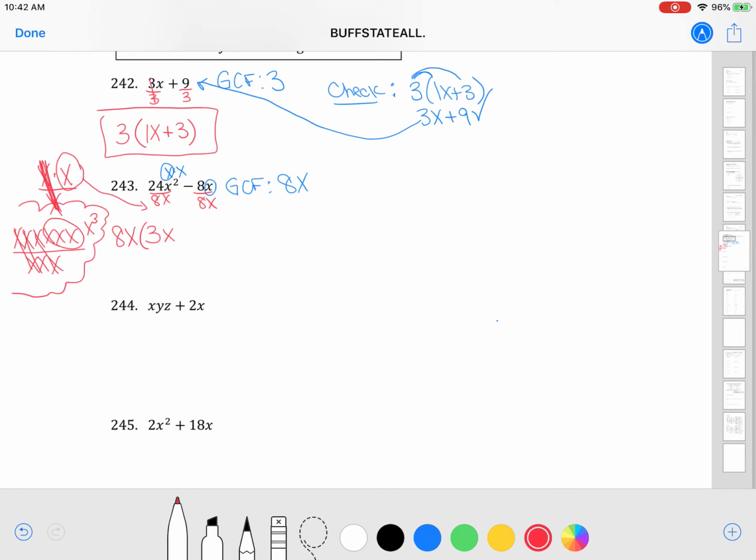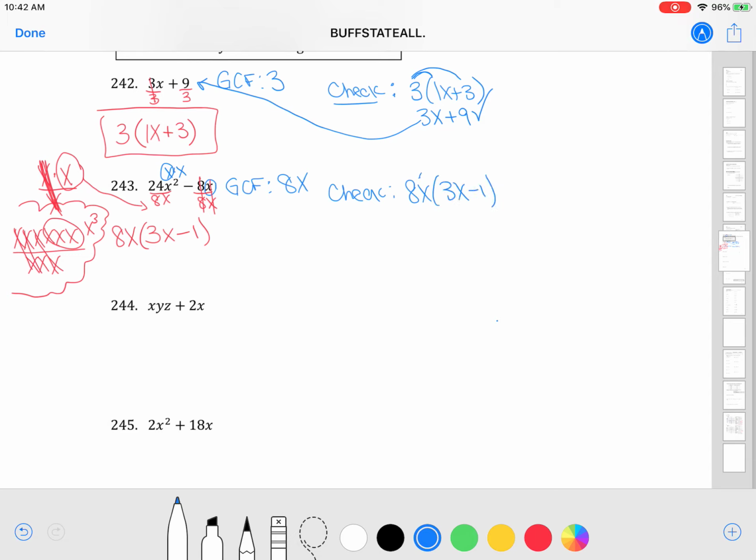Now this last part, 8 divided by 8, like we said, it technically cancels or leaves you with 1. Same thing with the x's. They technically cancel or leave you with 1. You have to put that minus 1 there. The reason for that is because of your check. So when I go over here and check this, 8x times 3x minus 1.